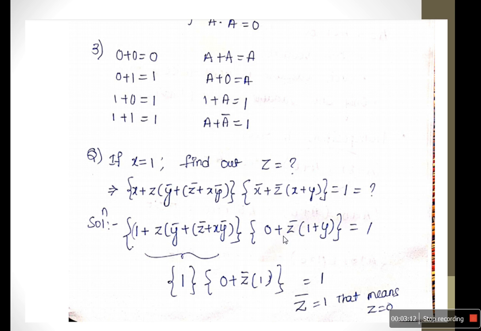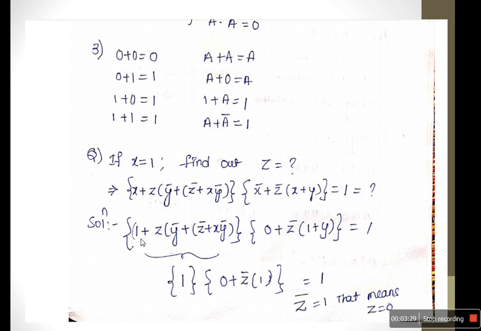So 0 plus z bar, in place of x I am substituting 1, so 1 plus y. So 1 plus a equal to 1. By using this theorem, 1 plus a equal to 1.